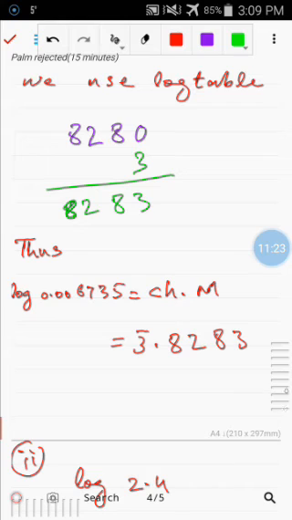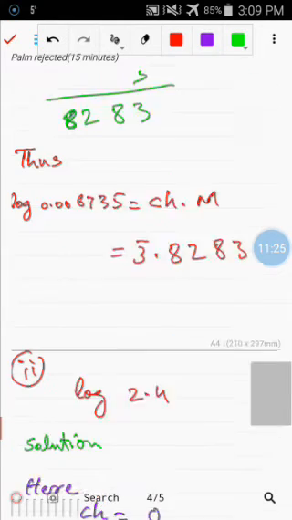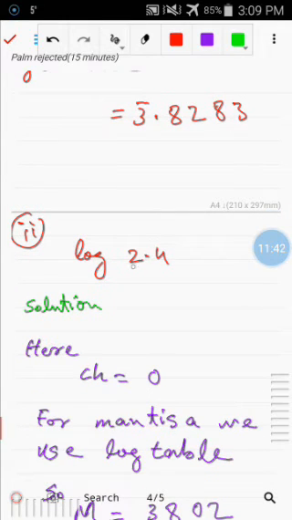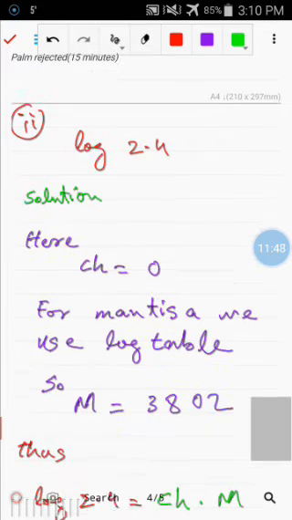Now we find the logarithm of another number, which is log of 2.4. Here the characteristic is equal to 0, because we do not move the decimal point to any side. So the characteristic of 2.4 is equal to 0. Now to find the mantissa, we use the log table.